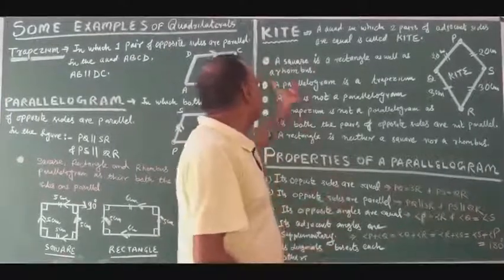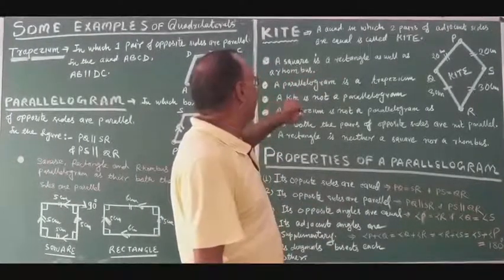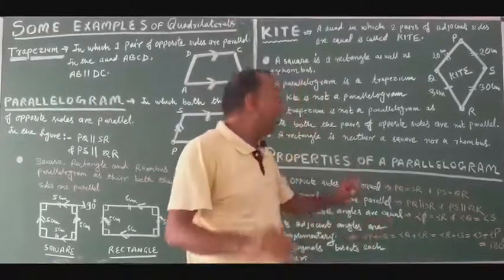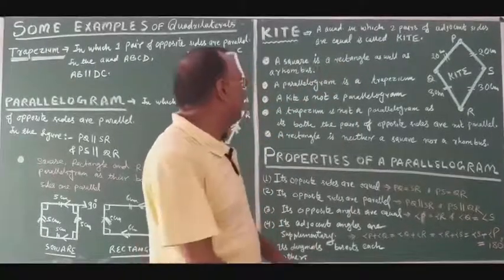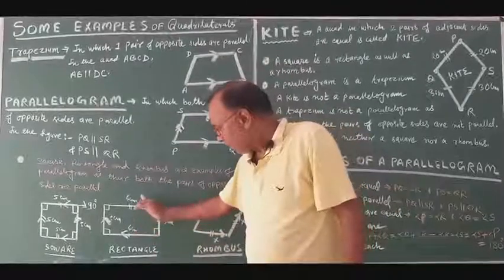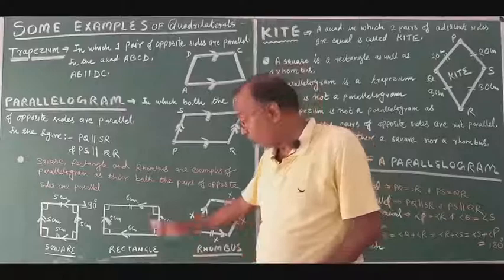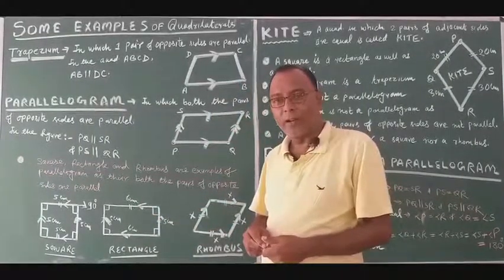Now just look at some points. A square is a rectangle as well as a rhombus. Just see in a rectangle, opposite sides are equal and parallel.